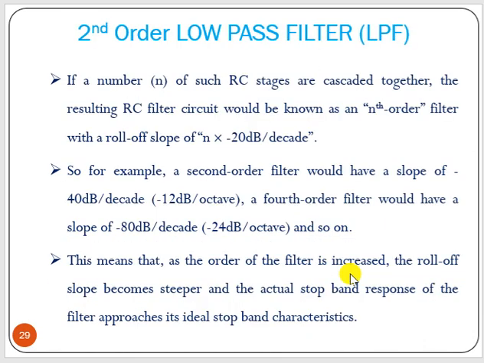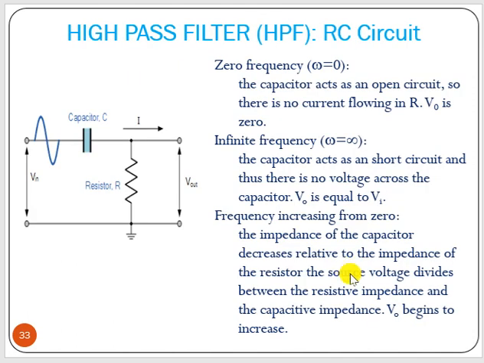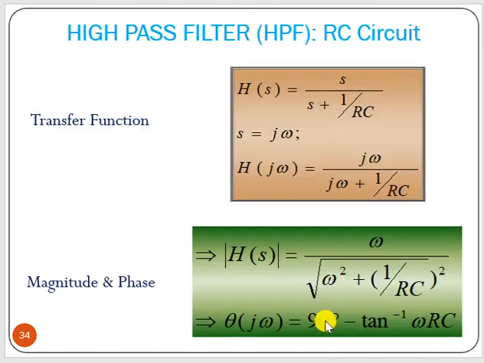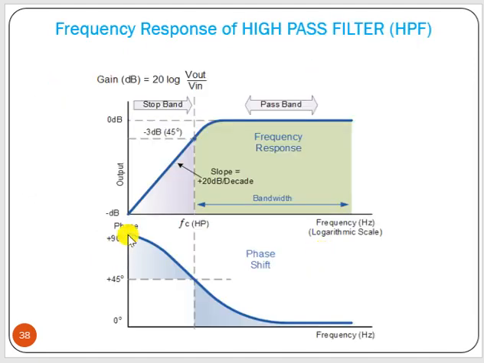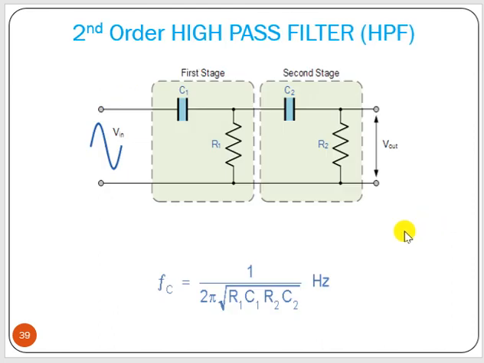And for the high pass filter, it is 90 degree, then goes to 0. 90 degree minus some value, so 90 to 0. Now similarly, a second order high pass filter is also possible to make. We have to connect these high pass filters in cascade: first stage, second stage, third stage.